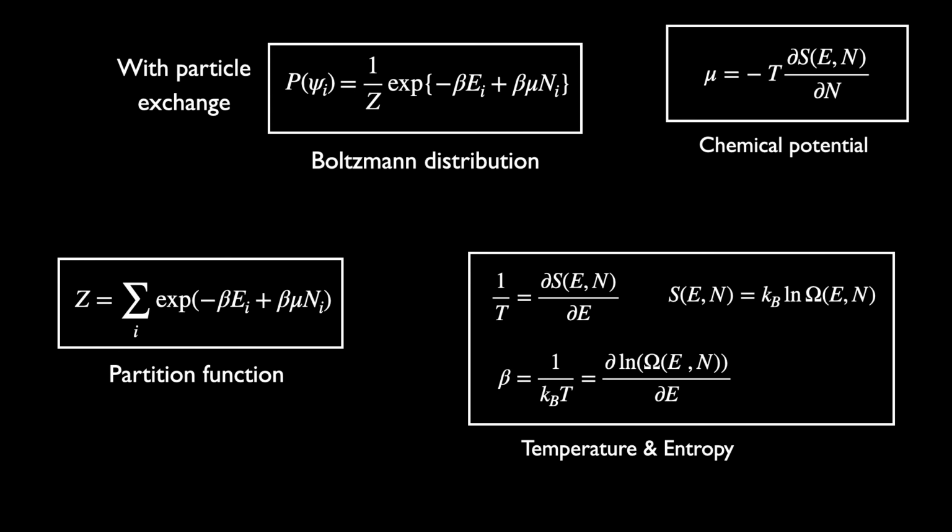Let's summarize what we have derived. For a system in thermal equilibrium, exchanging both energy and particles with its environment, we now have a new Boltzmann distribution, giving us the probability for the system to be in a particular microstate. This information is encoded concisely in a new partition function, modified by the chemical potential.